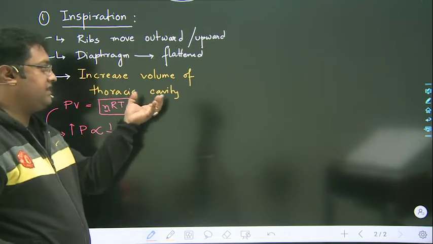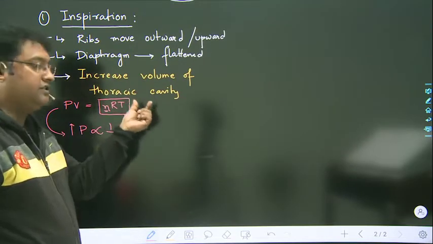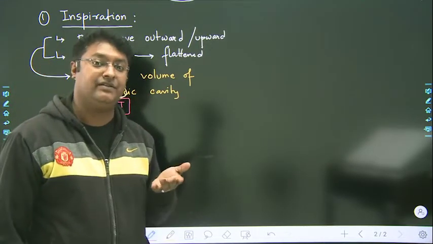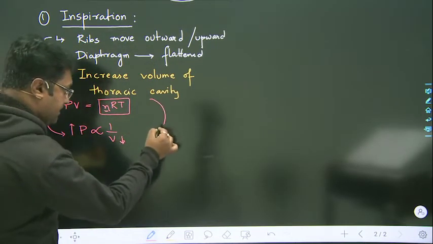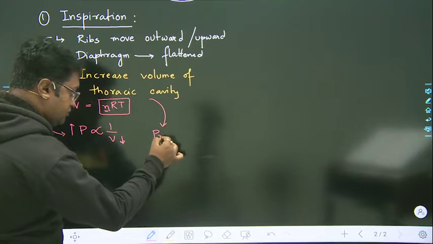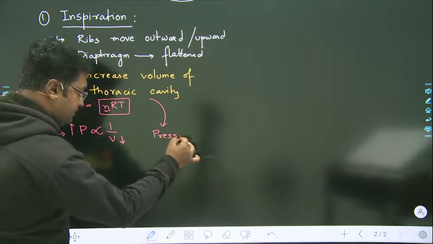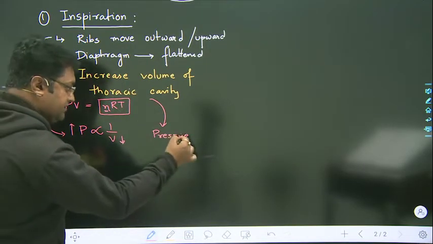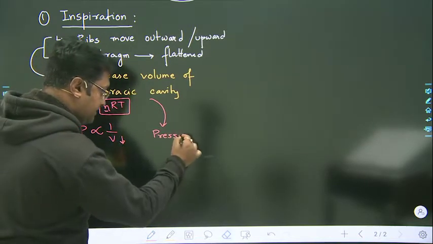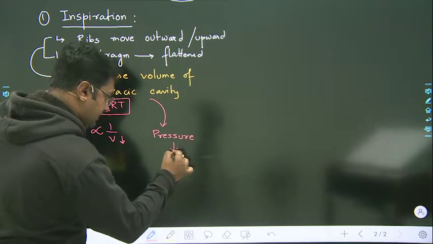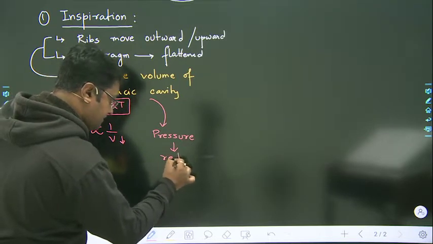So here also we can say that the volume of the thoracic cavity will increase, and as such, the pressure inside it will be reduced.